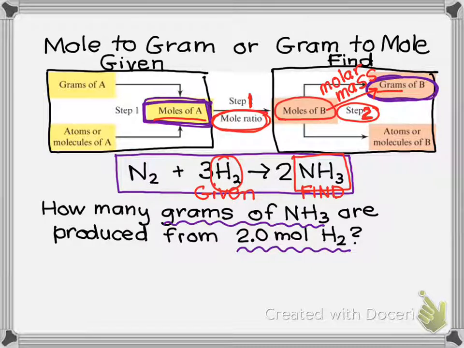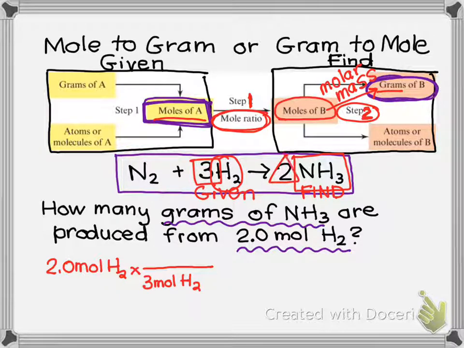So let's see, moles of A. I'm given 2.0 moles of hydrogen, and I want to find ammonia, so I can use the mole ratio right away. I put what's given on the bottom, so I have a 3 in front of the hydrogen, and then on the top will be the 2, because that's in front of ammonia.